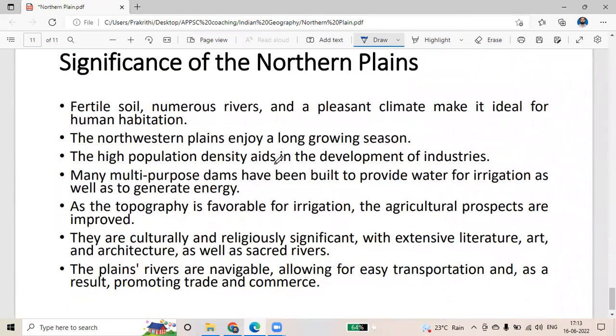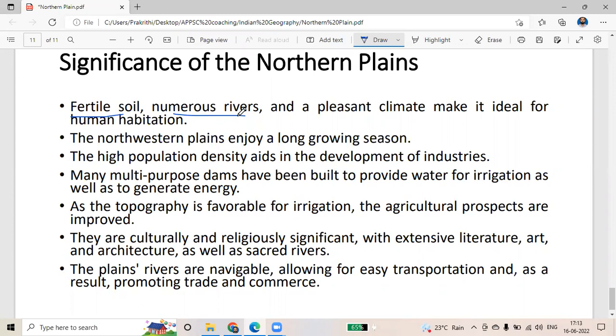Then the significance of northern plains. As I said, this is alluvium, so that it is fertile. So it is fertile soil created by numerous rivers. And another thing is that most of the area is getting optimum rainfall. ज़्यादा नहीं है, कम नहीं है.